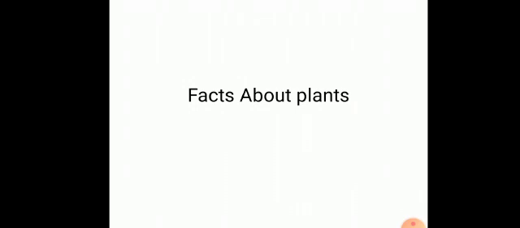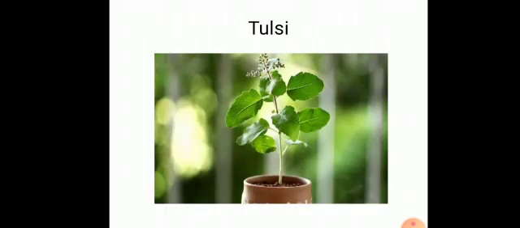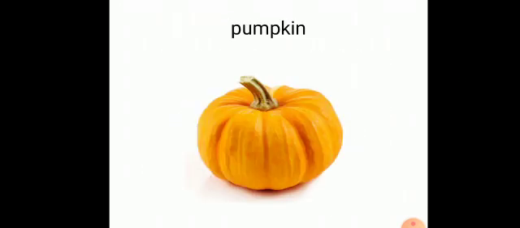So, before we start our topic, I would like to discuss with you all in short about the plants. There are different types of plants such as trees, for example, mango tree, shrubs, for example, rose, herbs, for example, tulsi, climbers, for example, money plant, and creepers, for example, pumpkin.